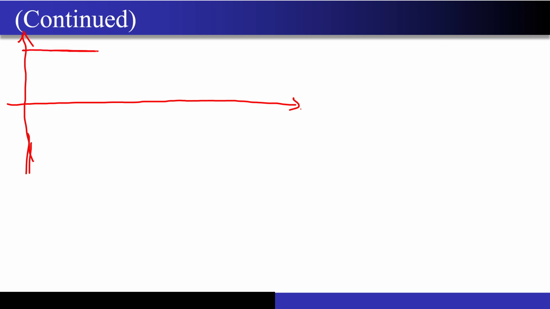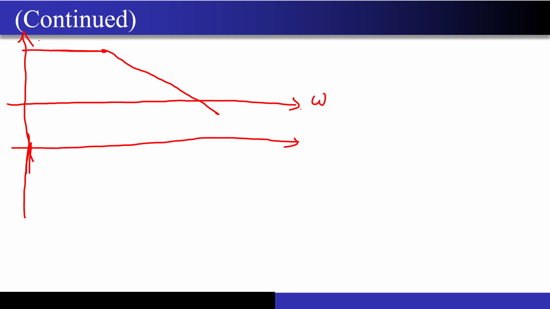Now I have a flat gain till the pole and then I have a 20 dB per decade roll off, correct? This axis is omega. On the y I have the mod of loop gain of j omega. On the downwards y-axis, I have the angle of loop gain of j omega.